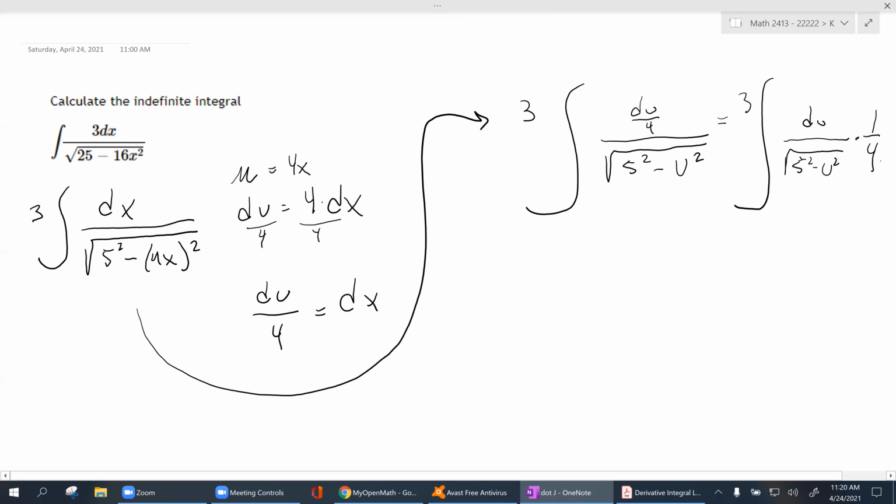Let me factor out that 1 over 4. So in other words, this is 3 over 4 times the integral of du over the square root of 5 squared minus u squared, because I did the u sub here.